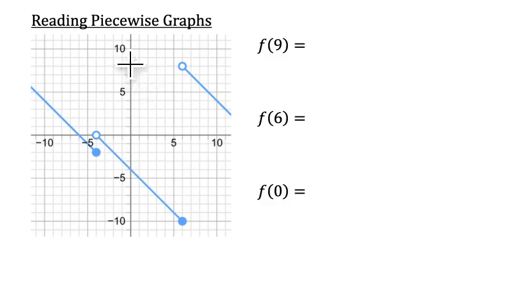We can graph piecewise functions as well. And when we read a piecewise graph, we need to remember that the inputs here are the x values. And then what we're looking for is the output. That will be the y value.